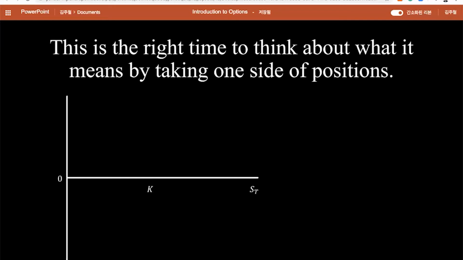Okay, now if you understand what forward means, we can think about just taking one side of the position. So this is the positive part of the long position, and you may think about it in this way: the long position means you are going to promise to buy something, and if it is favorable to you, then you might say this position is your right.